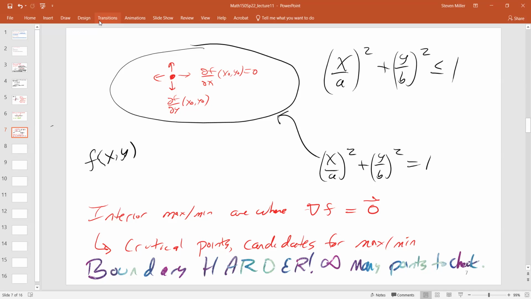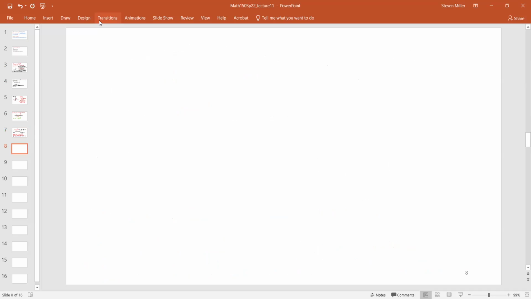All right, so what I want to do now is a good optimization problem that really talks about how to think about mathematics, and it is a nice way to review almost everything in Calc 1, Calc 2. So here is the problem.